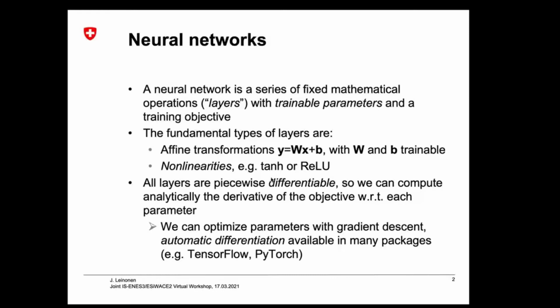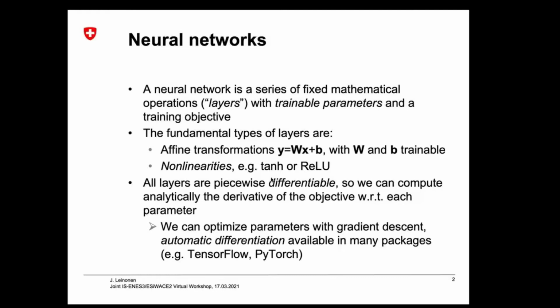And these layers have trainable parameters, and then the whole network has some kind of a training objective that we try to minimize. So the objective can be, for example, the mean square error of some target variable.